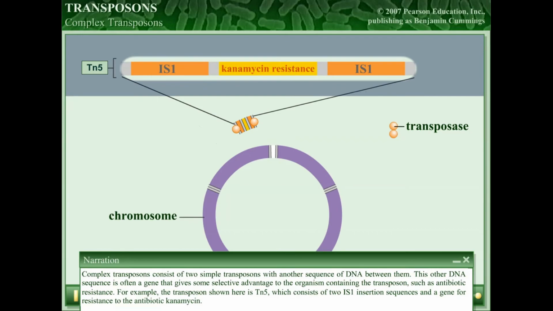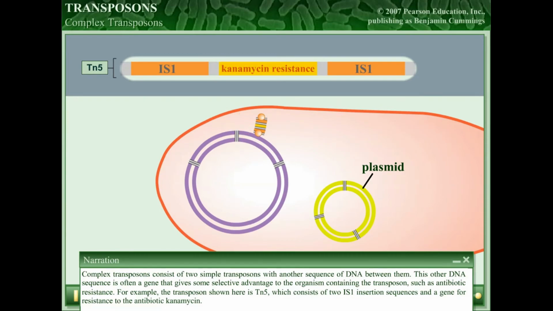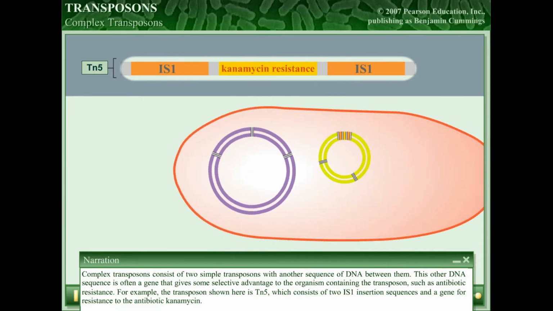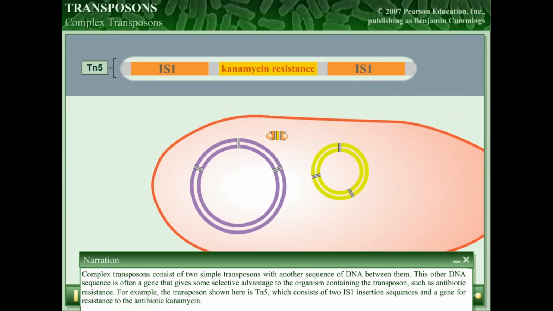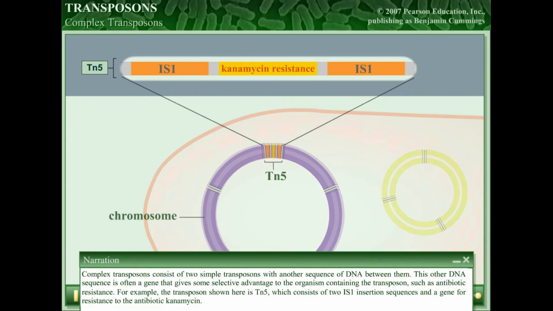This other DNA sequence is often a gene that gives some selective advantage to the organism containing the transposon, such as antibiotic resistance. For example, the transposon shown here is TN5, which consists of two IS1 insertion sequences and a gene for resistance to the antibiotic kanamycin.